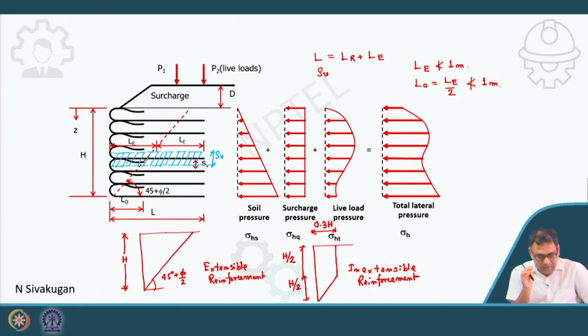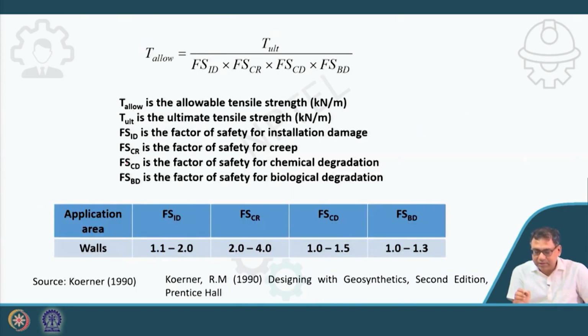Then I can write that T allowable is the allowable tensile strength of the reinforcement, which we can determine by dividing the ultimate tensile strength by different factors. So, how will I get the ultimate tensile strength? Either the manufacturer will give it to you or you can measure the ultimate tensile strength, and from there you apply the factors of safety.